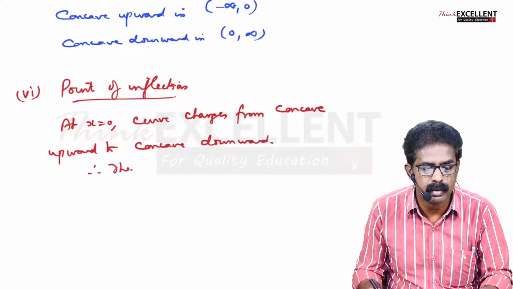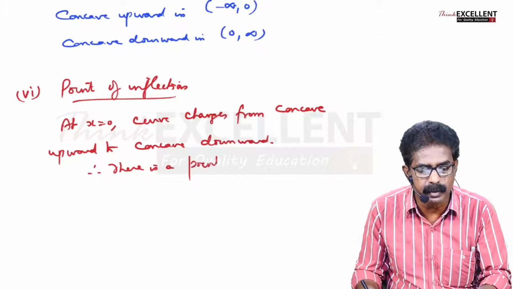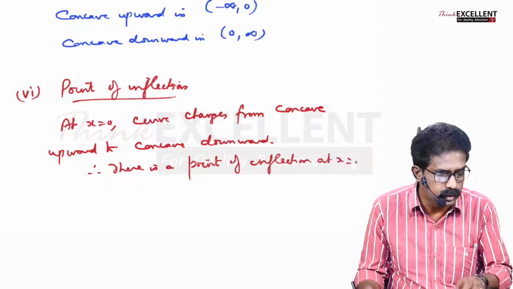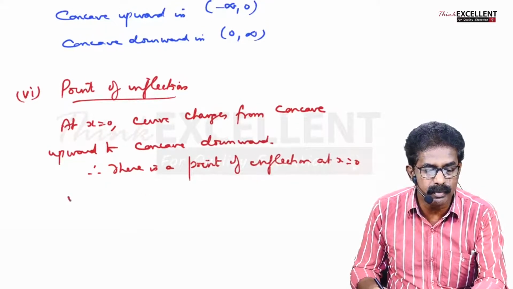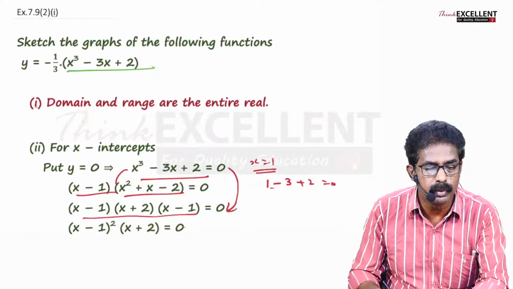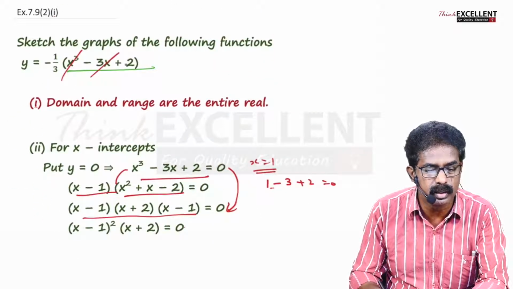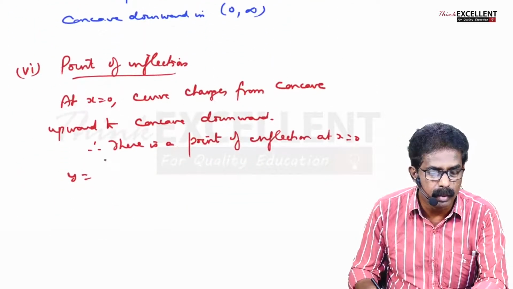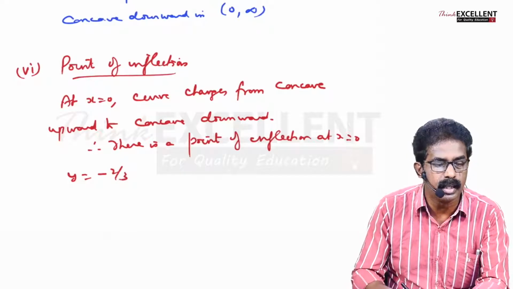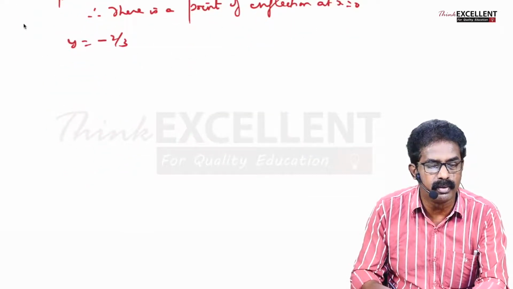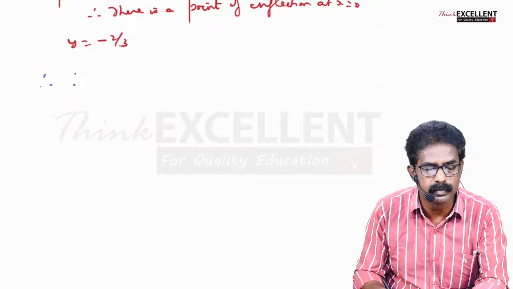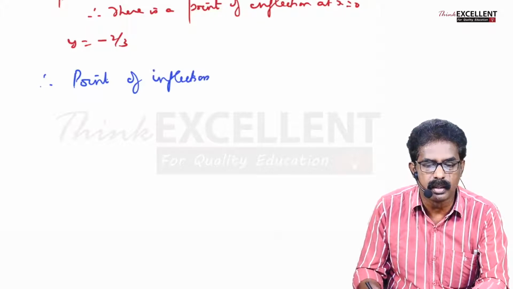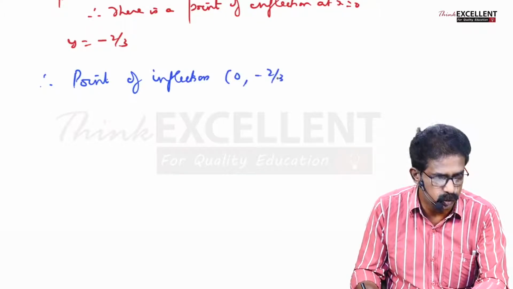Therefore, there is a point of inflection at x equal to 0. So when x equals 0, you find the y value. Putting x equals 0, you are getting y equal to minus 2 by 3, right? Therefore the point of inflection is x comma y, x value 0, y value minus 2 by 3, right?